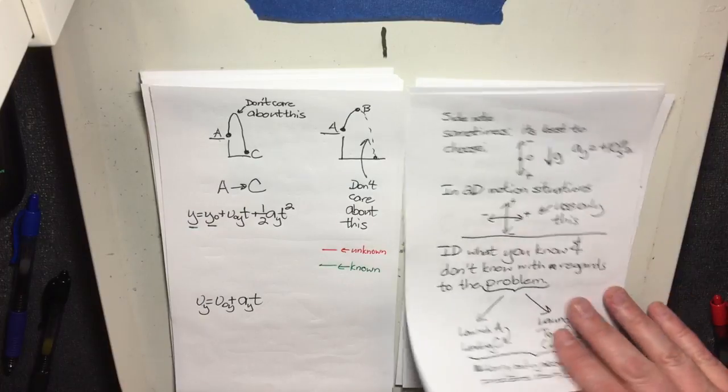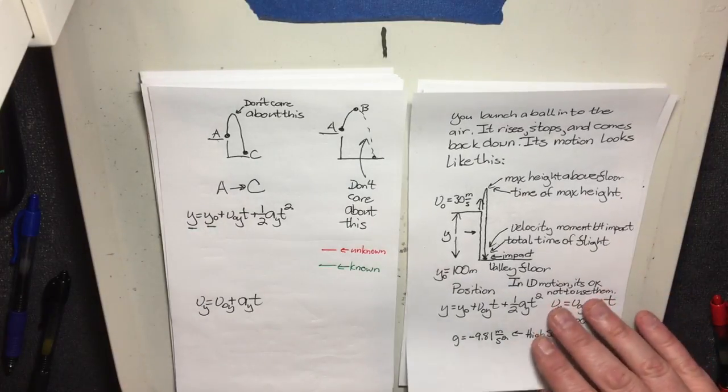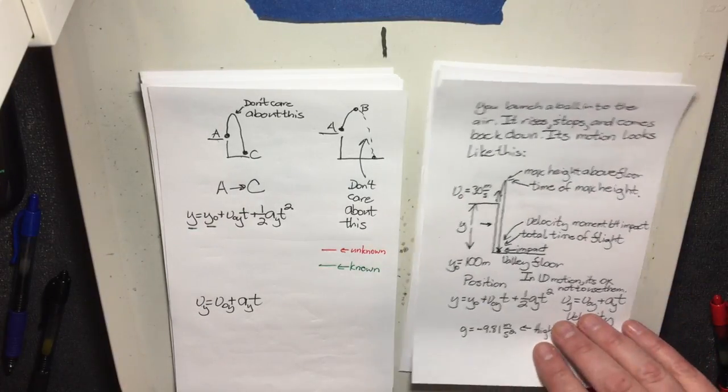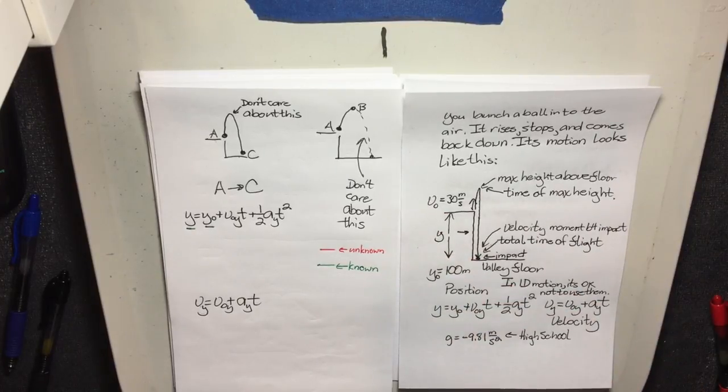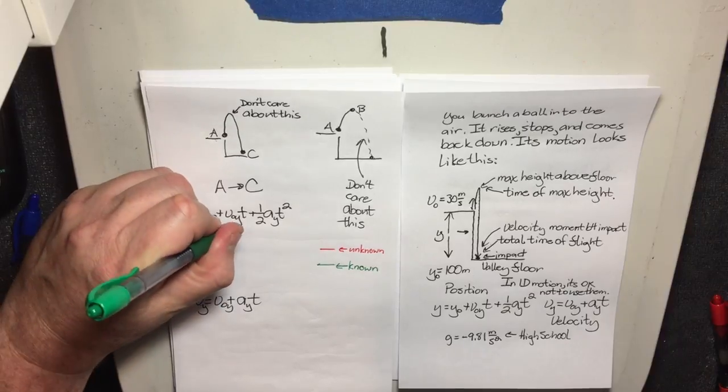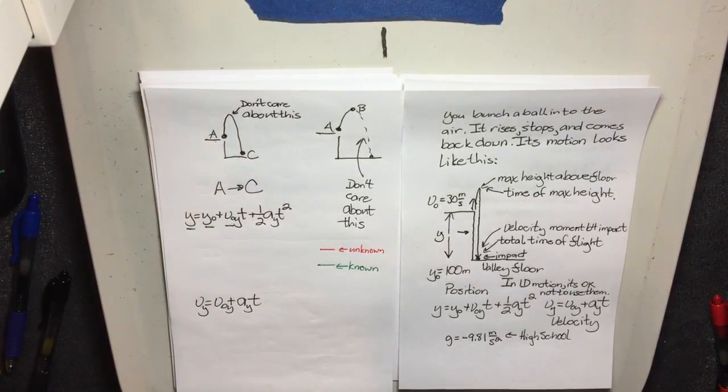Do I know, and eventually it gets to the point where we start forgetting about, well, what was the problem to begin with? Do I know the initial velocity? Yes, it's 30. Do I know what time is? How long does it take for the motion to go? No. And in fact, I don't know because that's one of the questions that I asked.